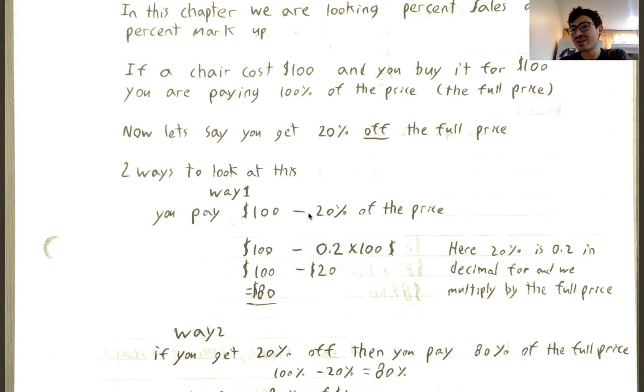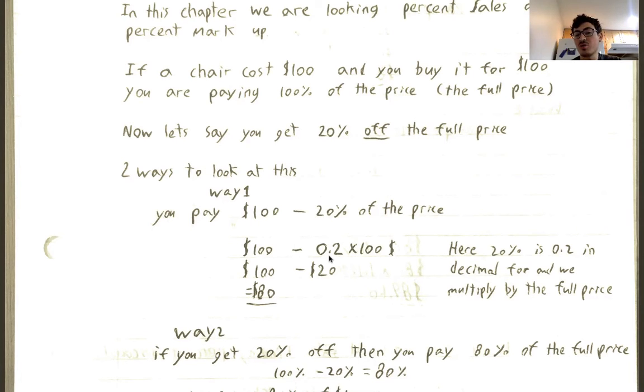We do this by dividing by 100. Another way to say it is we just put 0 point and then whatever percent we have, as long as the percent is under 100. If it gets over 100, which we'll talk about in a second, it gets a bit trickier. In this case, we just have 20%. We can divide by 100, or we can just make that 0.2, same thing. So that's the percent in decimal form.